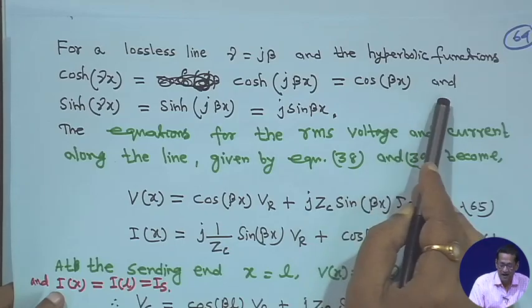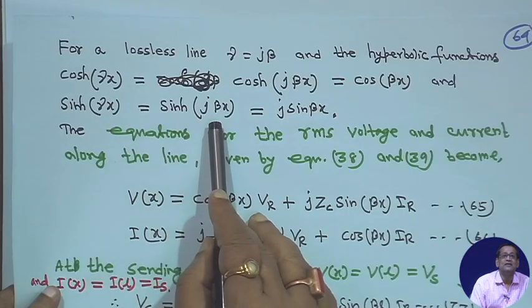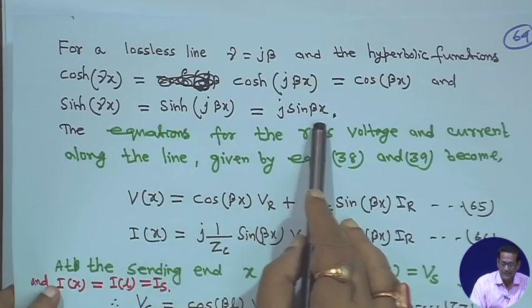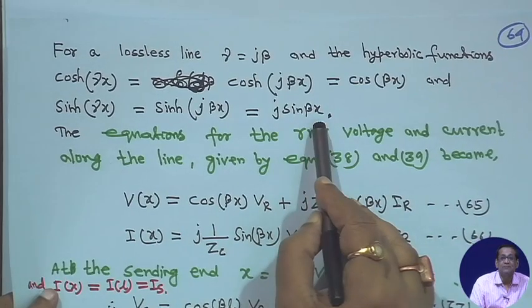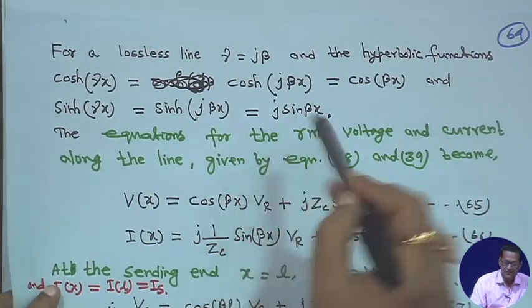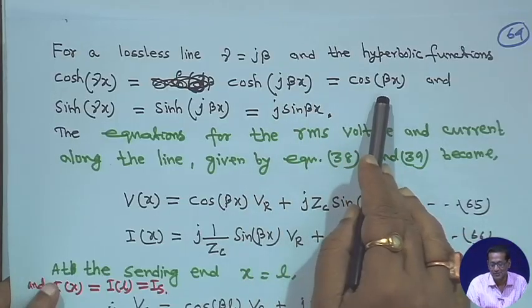And sinh gamma x is equal to sinh j beta x, which is equal to j sin beta x. So, if you take those expressions, you definitely will get cosh j beta x equal to cos beta x.